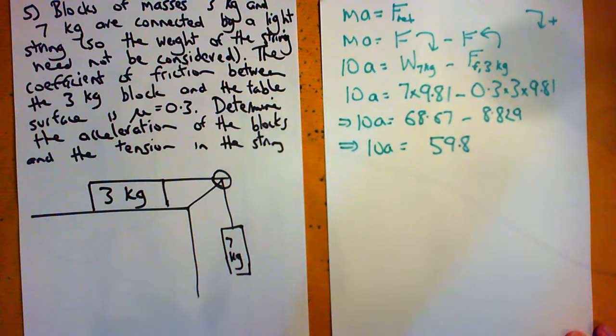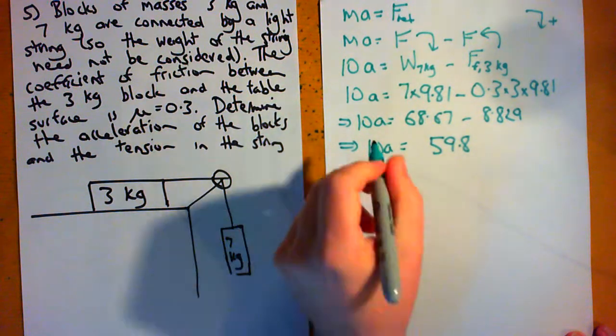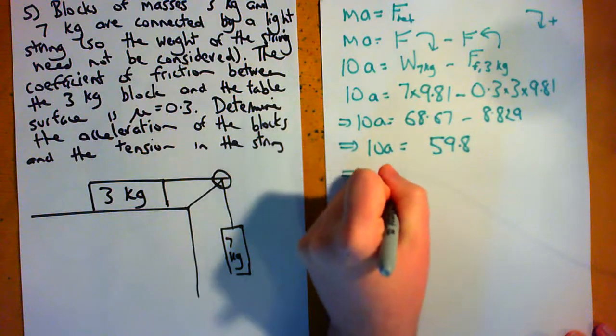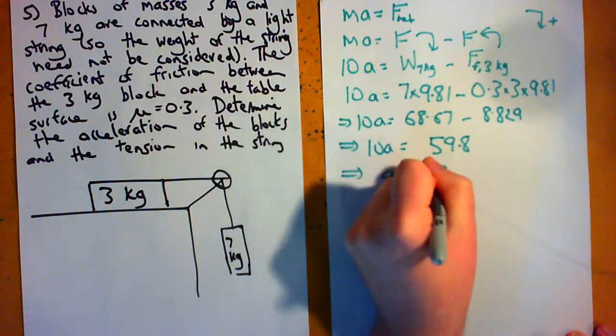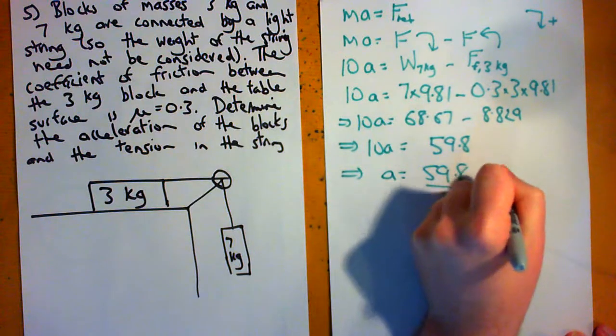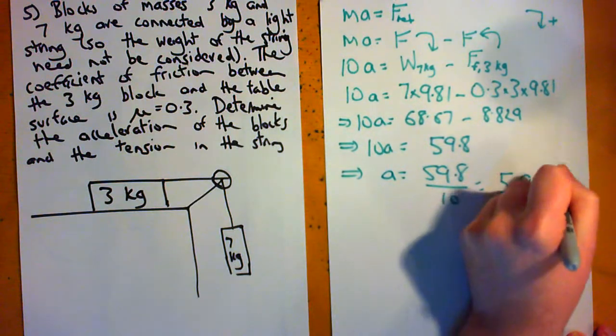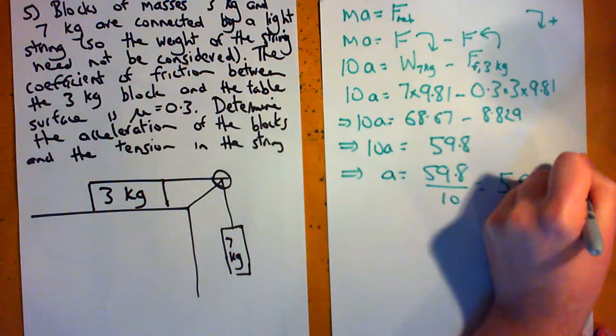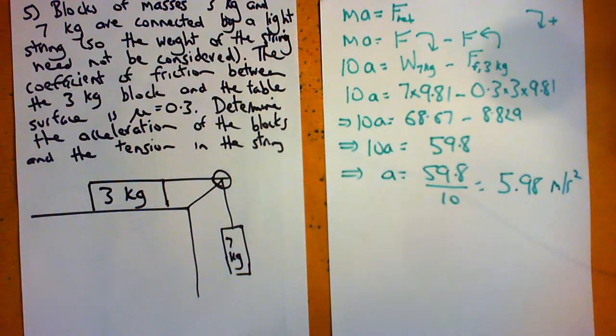So the 7 kilogram mass will be accelerating downwards and the 3 kilogram mass will be accelerating to the right. So the acceleration is 59.8 divided by 10, and we get an acceleration of 5.98 meters per second squared.